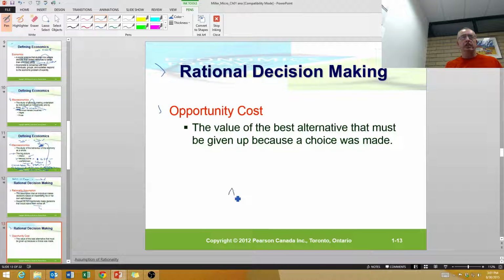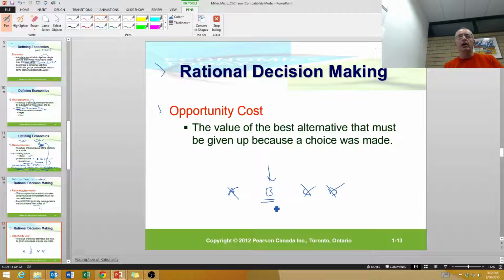We have option A, option B, maybe option C, and maybe option D. But when we choose one of these options, it means we're not choosing something else. We're choosing B. We're in favor of B because we're against A, C, and D.